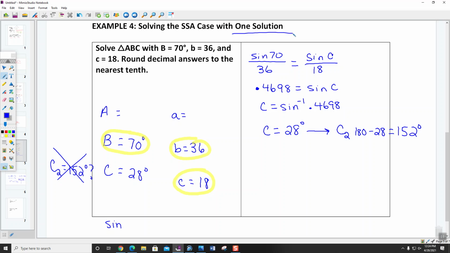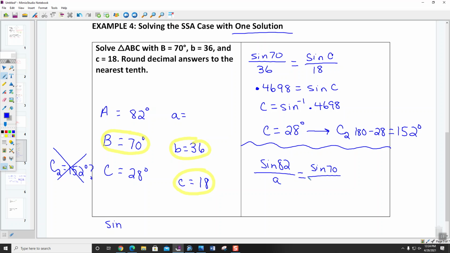Okay, so here's the deal, kids. We've got 2 angles, which means now we have what? 3. Okay, so we're at 98 total. How much more to get to angle A? Okay, you guys on your own then. You know that's 82 degrees, so we're going to go sine of 82 over A equals, I'll go back and use B, sine of 70 over what, kids? 36.